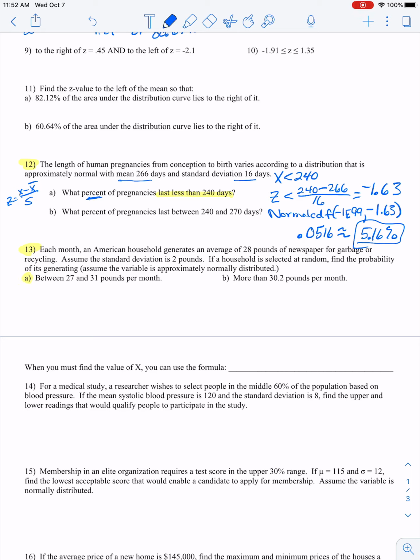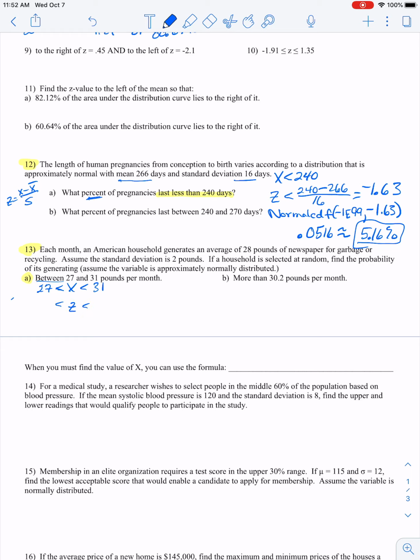All right, so first step again is to write the problem in terms of x. So we'll say 27 is less than x is less than 31, because of the between, we've got the random variable there between. Second step is to convert each side of this to a z-score.